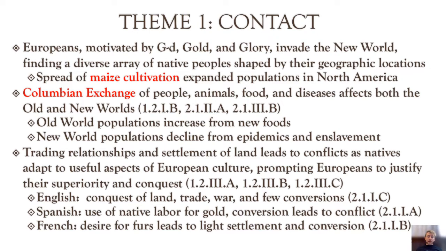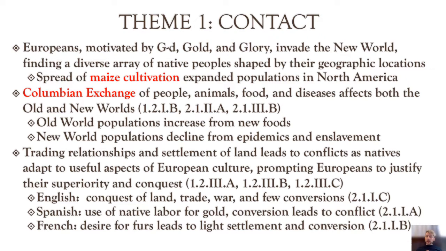Europeans will find that many of the natives live by growing maize or corn, which is a domesticated grass several thousand years ago in Mexico that became a major food source for native peoples and allowed them to expand their populations.